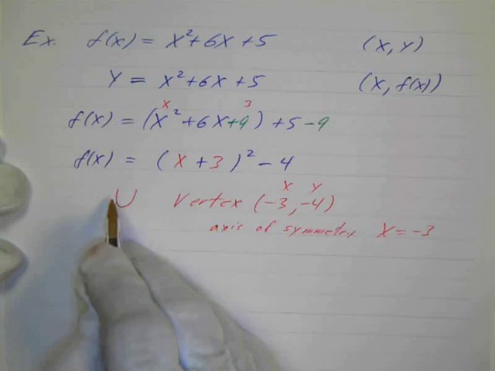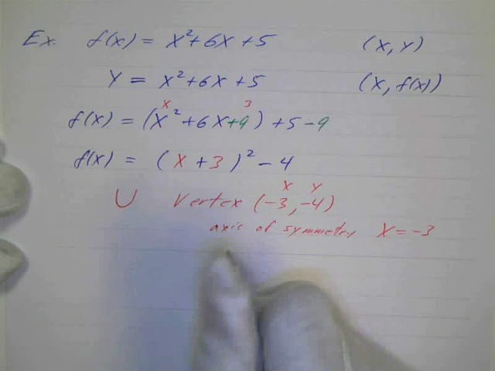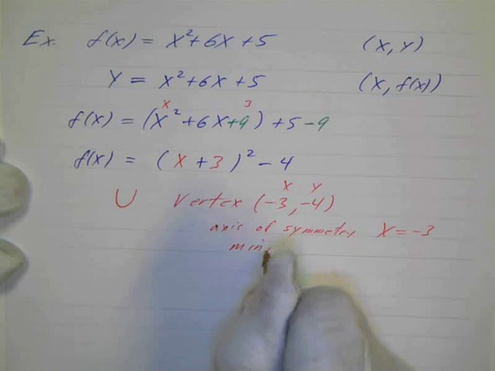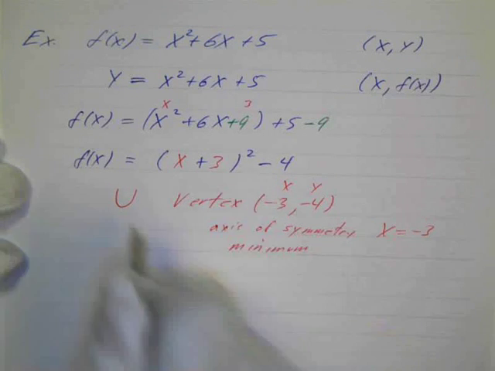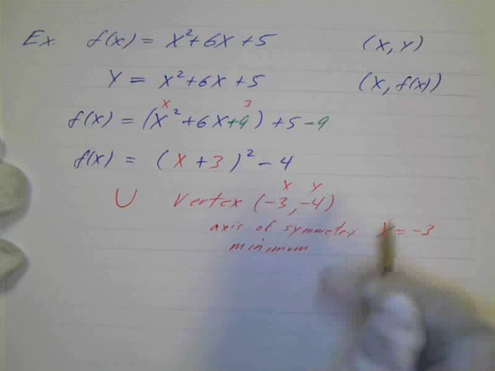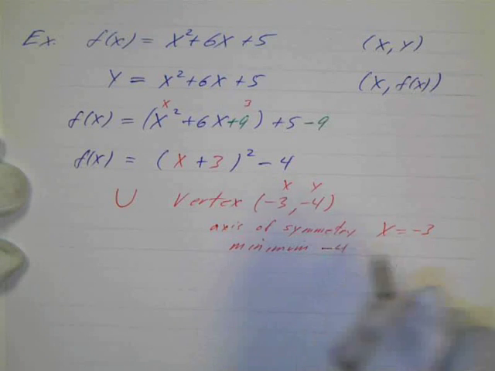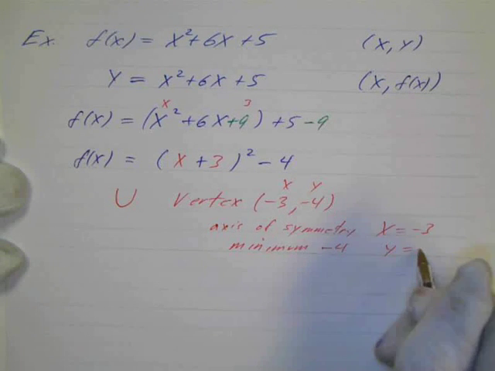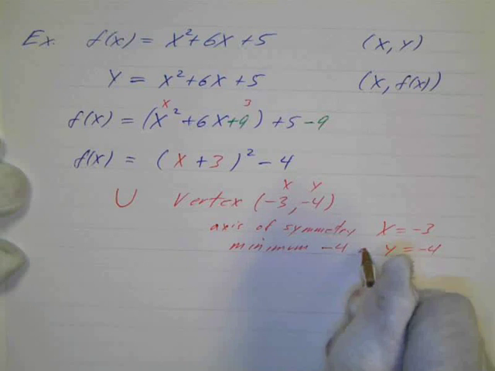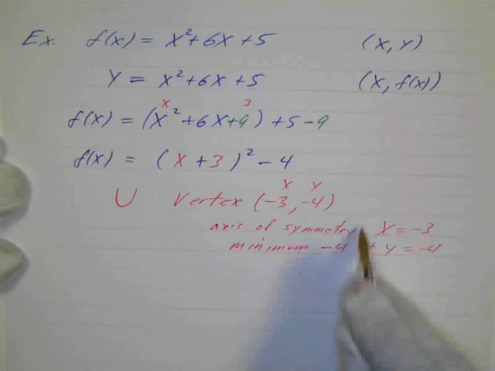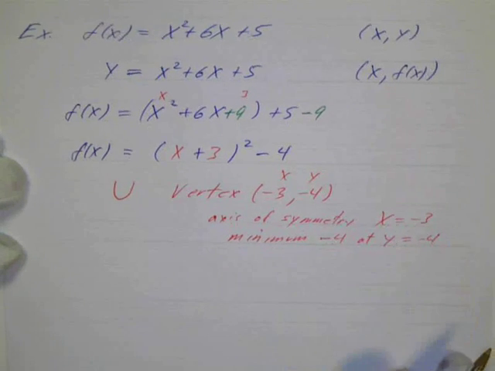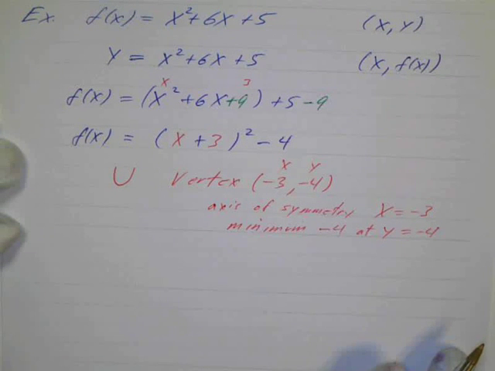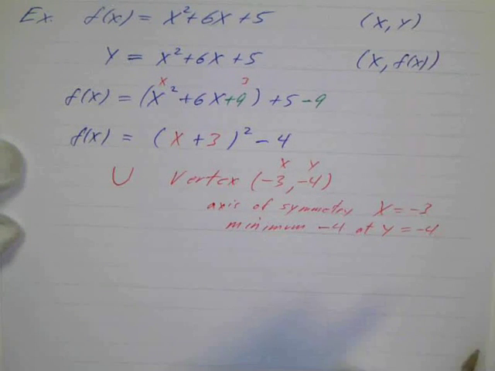Since it's shaped like a U, it's going to have a minimum, and that's going to be at y equals negative 4. So the minimum will be negative 4. This is a line. The axis of symmetry is a line. Now when we look at the graph, we'll be able to see if we've got zeros or not.